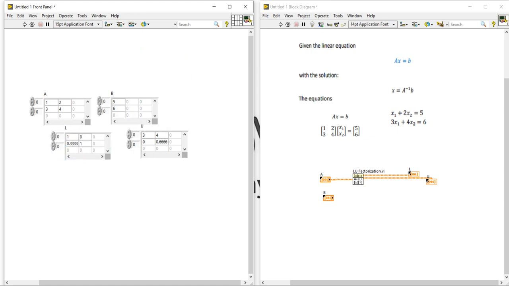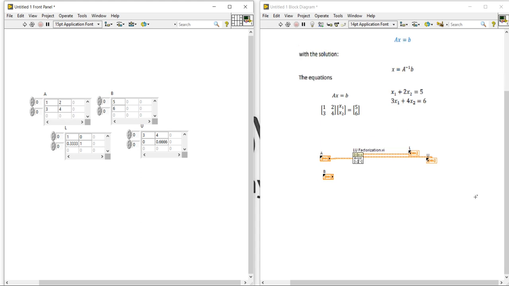Now our next target is the singular value decomposition, SVD. So how can we find the singular value decomposition?